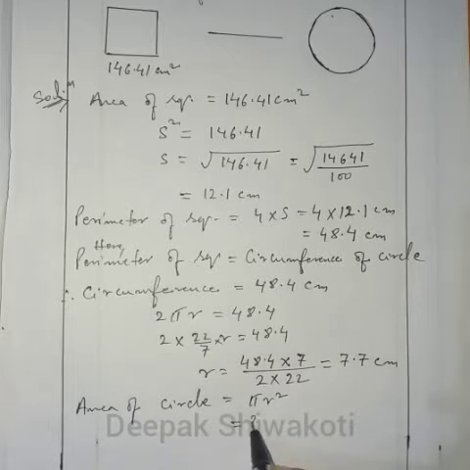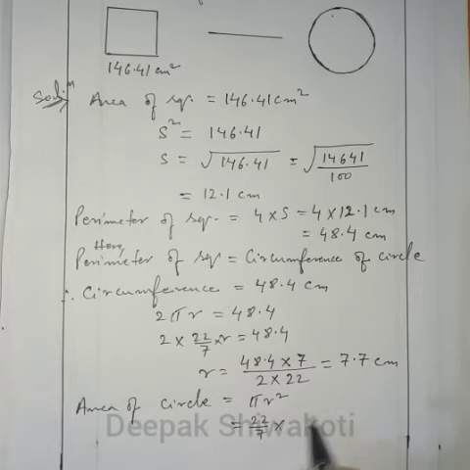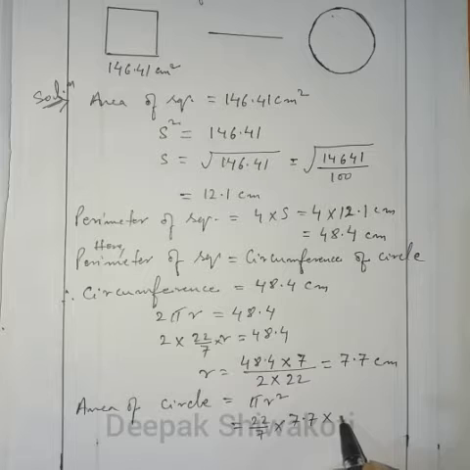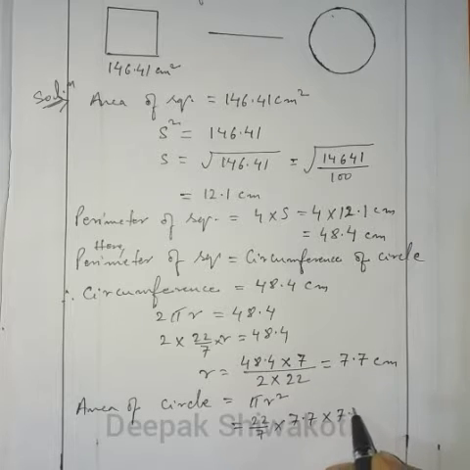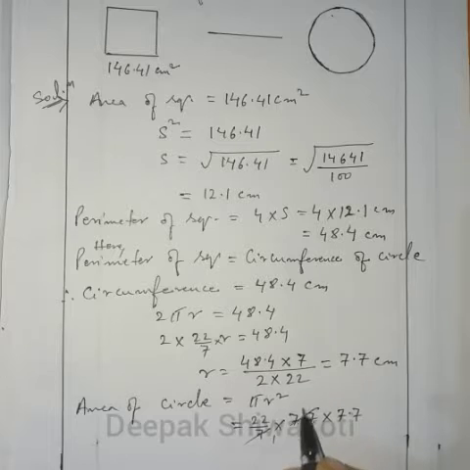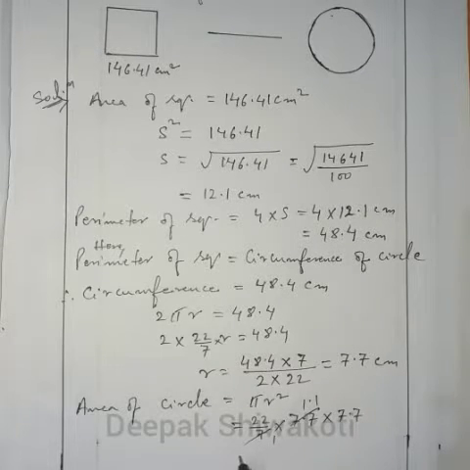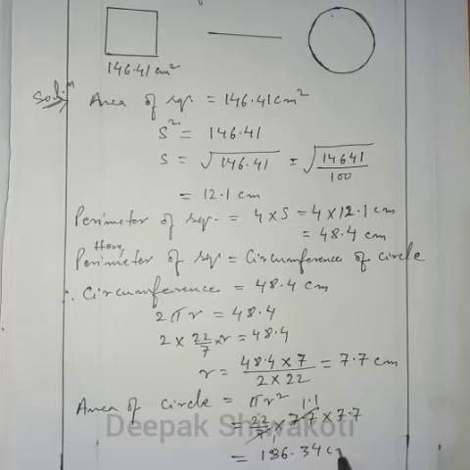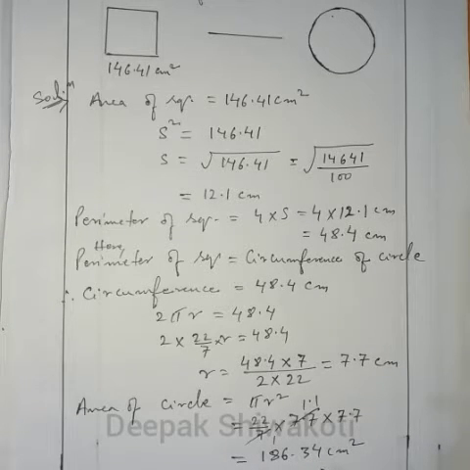So pi is 22 by 7, r is 7.7, square means 7.7 into 7.7, we can write like this. Calculate this, multiply this all to get the answer, that is the area of circle. We get 186.34 centimeter square.